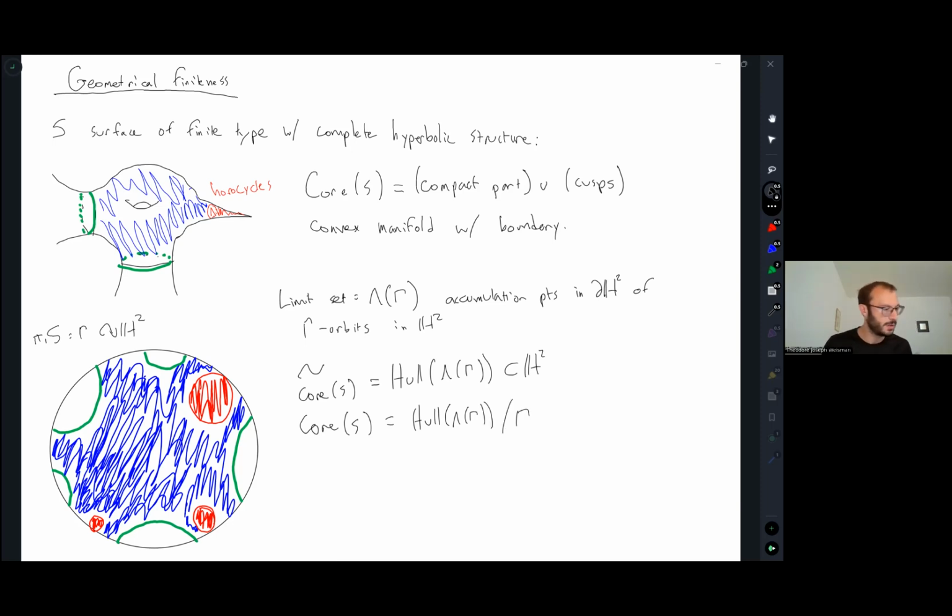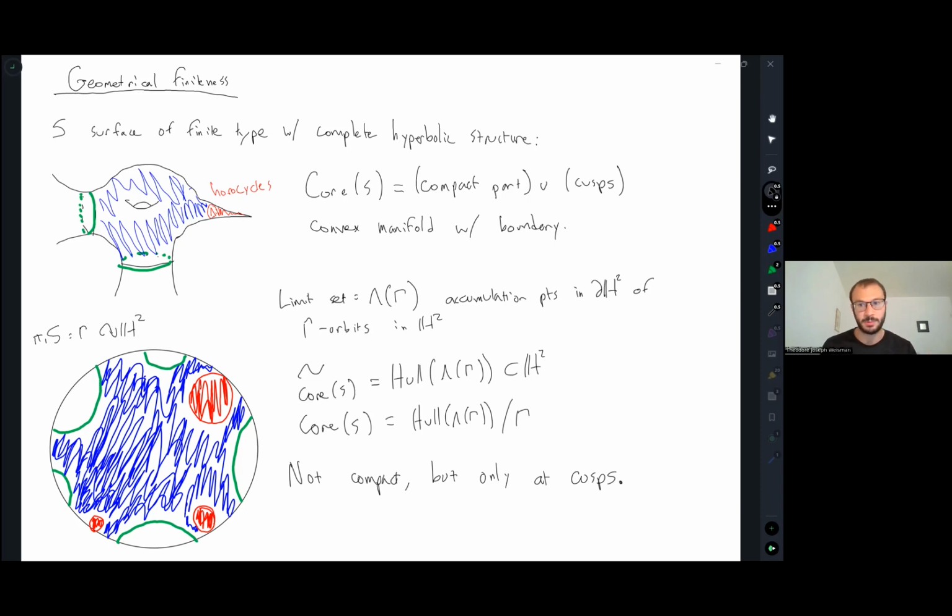by this group action. You'll notice the lifts of these cusps are horoballs in the hyperbolic plane. And so when you quotient out this convex hull of the limit set by the action of gamma, the resulting surface, as we've already observed, is not compact, but somehow all of the non-compactness is concentrated at the cusps.